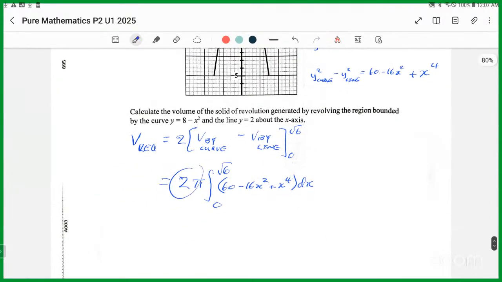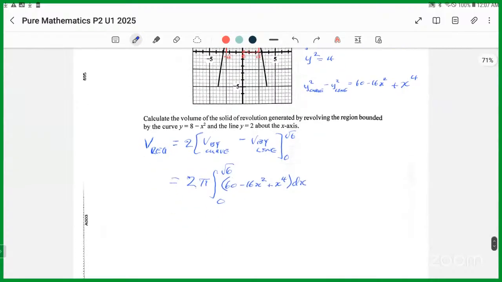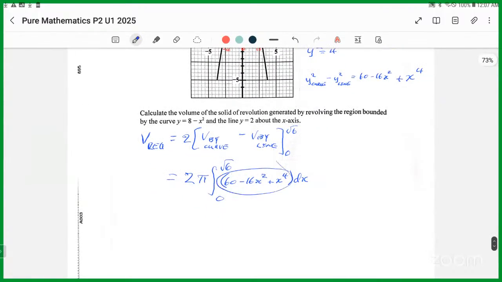That is 2 times, but each side is the same, so let's go from 0 to root 6. This is the difference in those two y squared expressions.